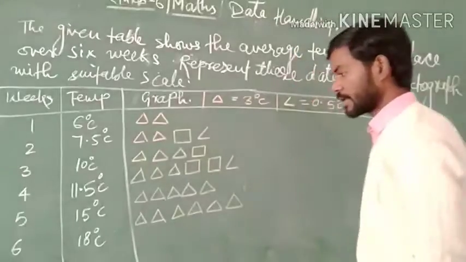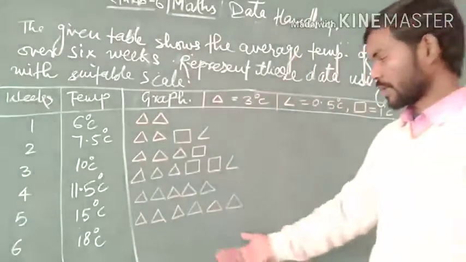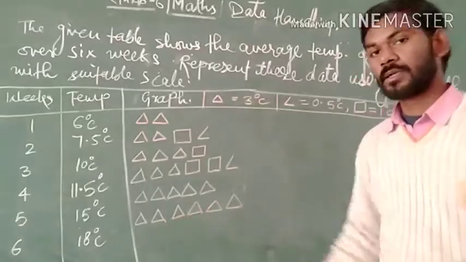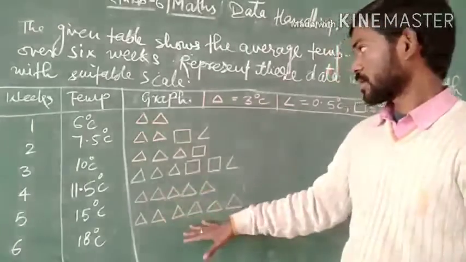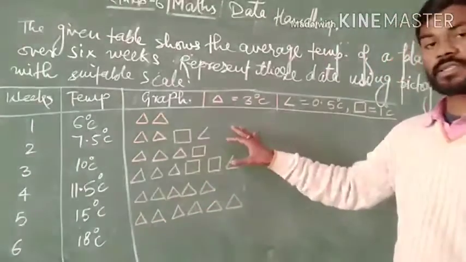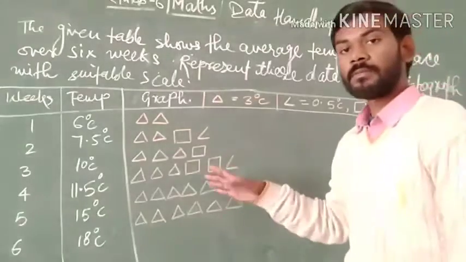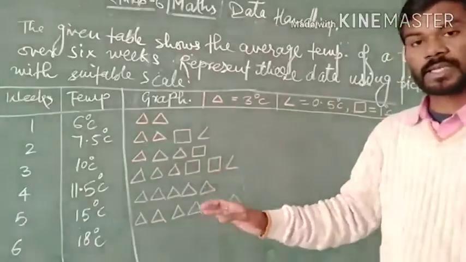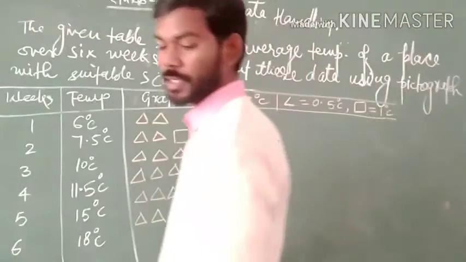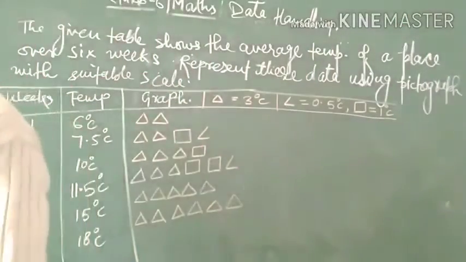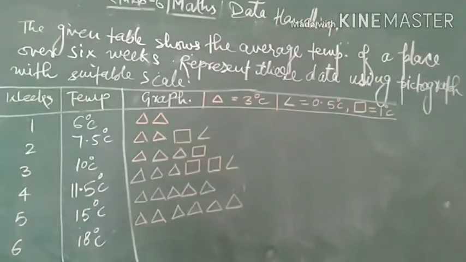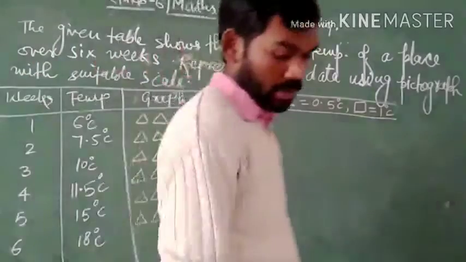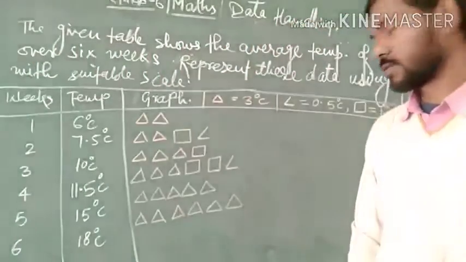Therefore, 18 degrees centigrade is denoted by 6 triangles. So this is the representation of data using pictures. That is why this representation of data is called pictorial representation of data. I hope you have understood clearly. Okay, so now let us see the next question.